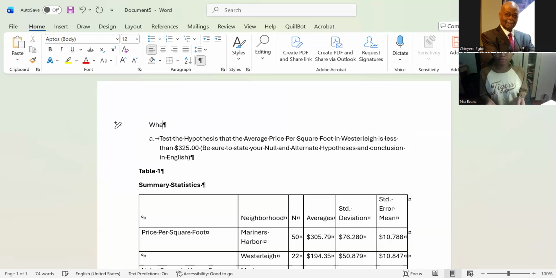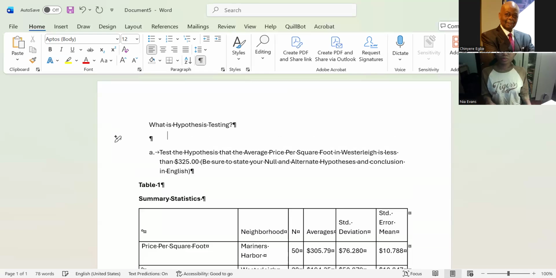First of all, we ask the question, what is hypothesis testing? Now, in hypothesis testing, you state a hypothesis. For example, you state a hypothesis that the average price of houses or the average price per square foot is equal to something.